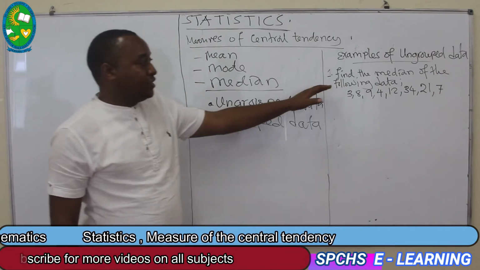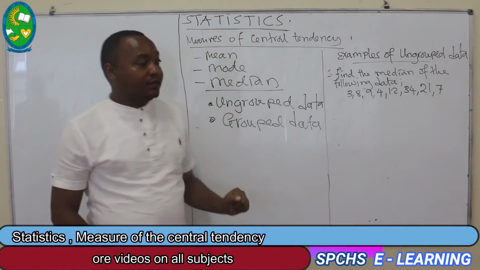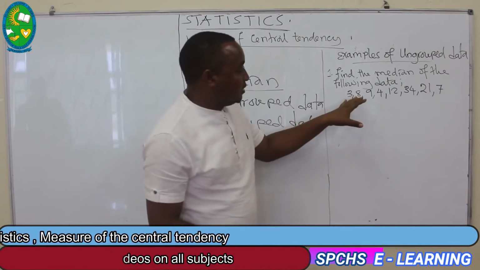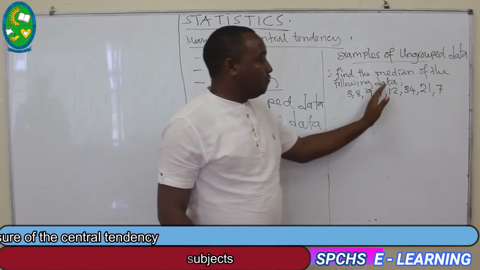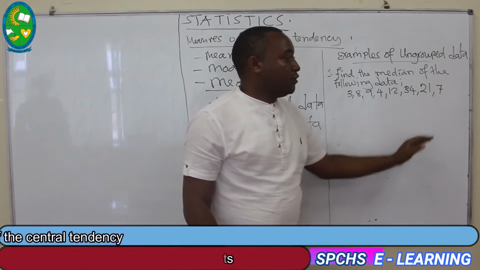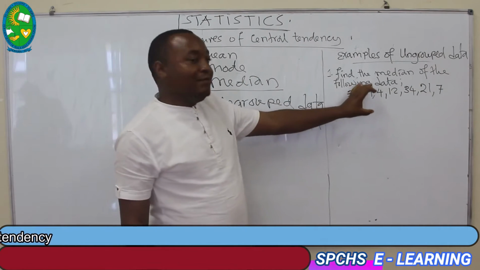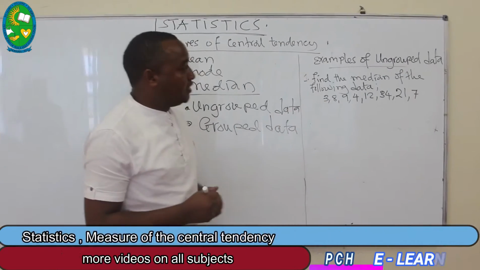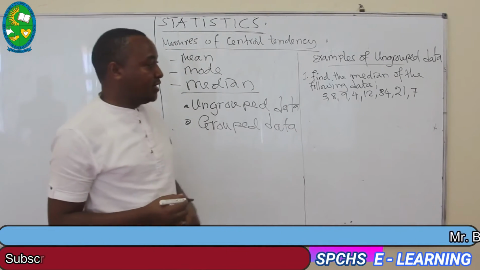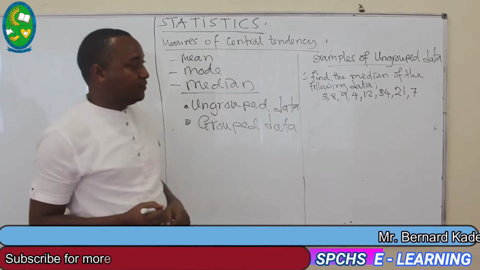You may find the question says, find the median of the following data. The data as it is presented here, we have 3, 8, 9, 4, 12, 34, 21, and 7.